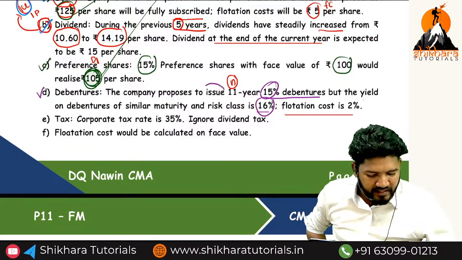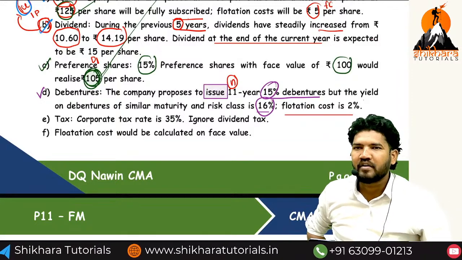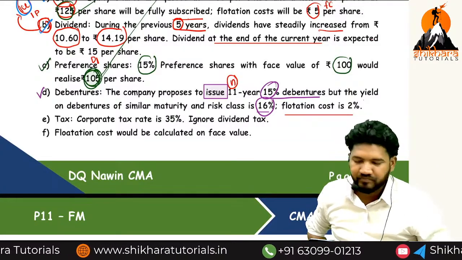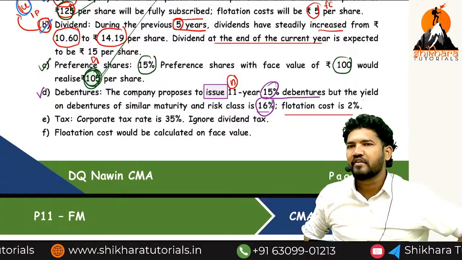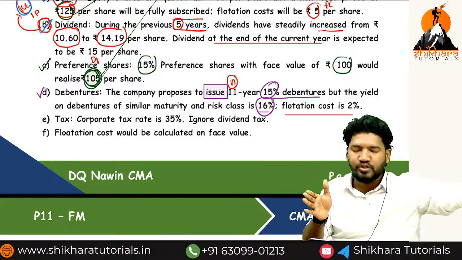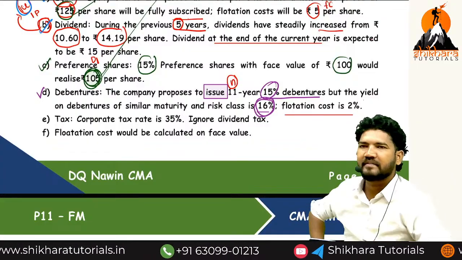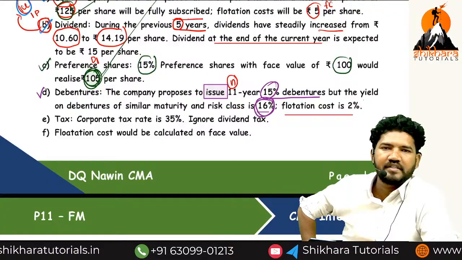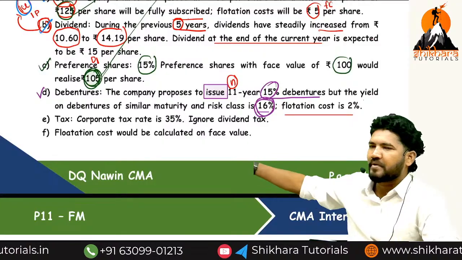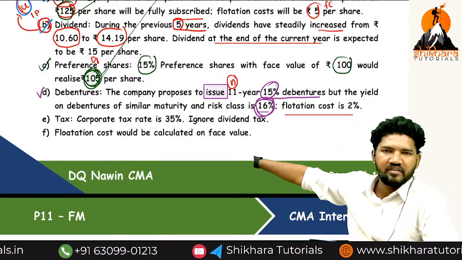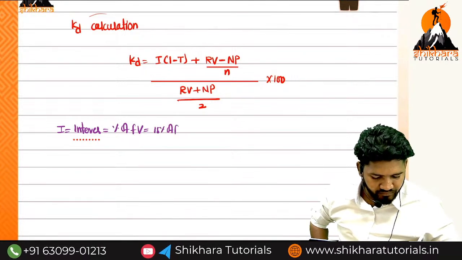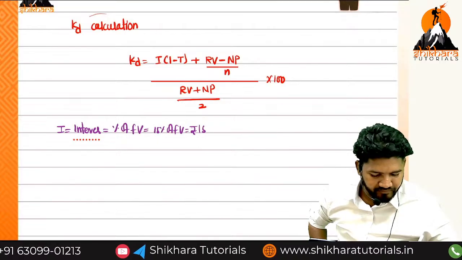The word they said clearly here is issue. Issue means at the time of entering into the agreement. How much percentage did they quote? 15%. Interest is what rate? 15%. But the same type of debenture sold by some other company is issued at 16%. But for our company, which is the interest rate? 15%. Do you understand the difference between 15 and 16? Yes or no, sir? Okay, then fine. 15% of face value is nothing but rupees 15.